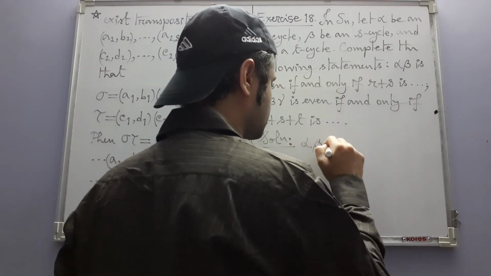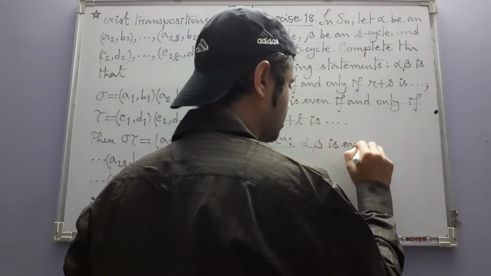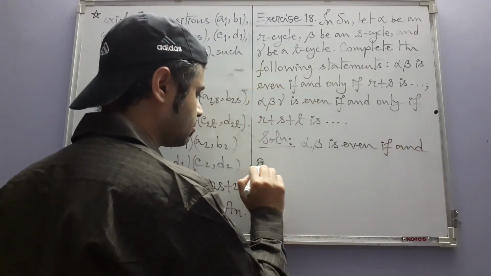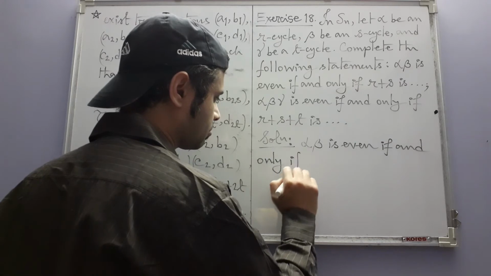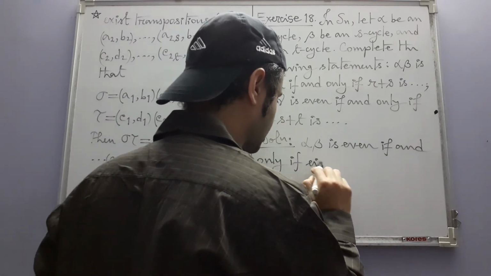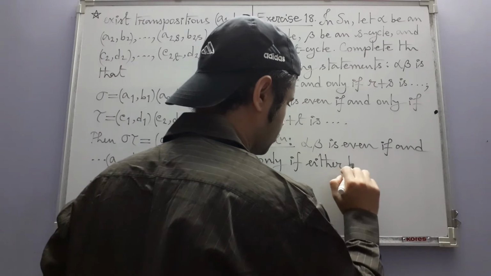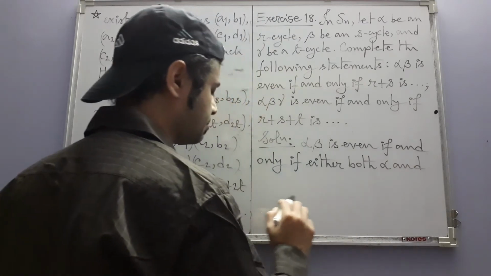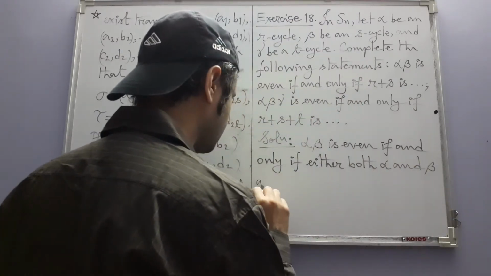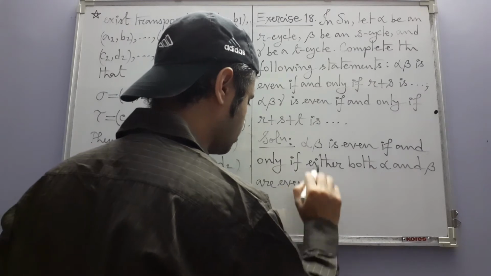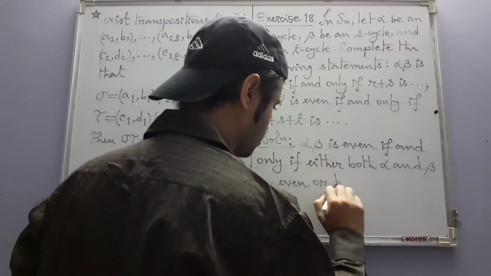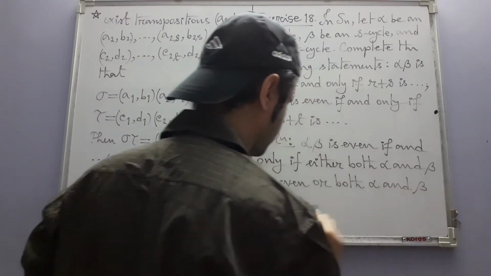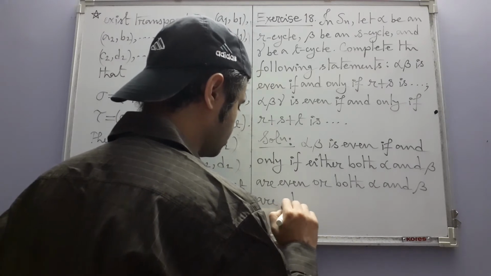So let us proceed like this. Alpha beta is even if and only if either both alpha and beta are even, or both alpha and beta are odd.